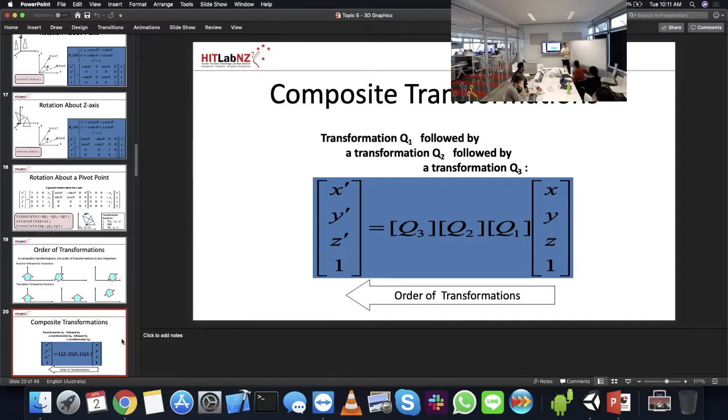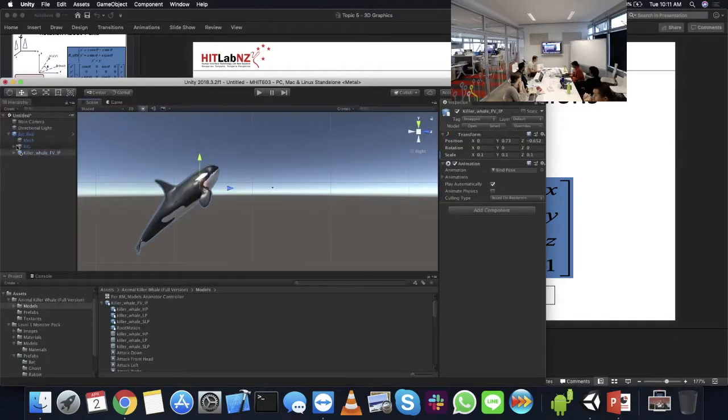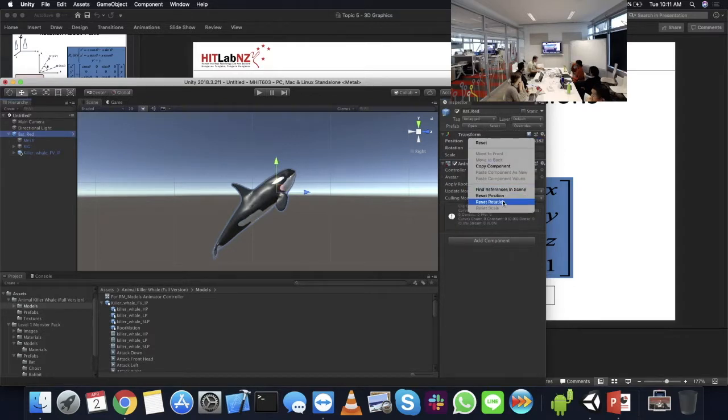And then if you remember that example we saw with the 2 boxes the other day, if we did the move first, and so that's now the big box, and then we did the scale, that would effectively appear like it's moved back a little bit, because as we scale, all those x values for each of those points decrease slightly. And just as a reminder, we had this example here. Let me reset position, reset rotation.